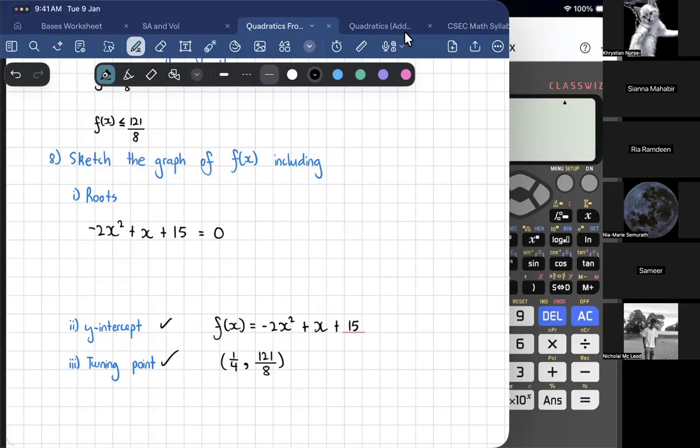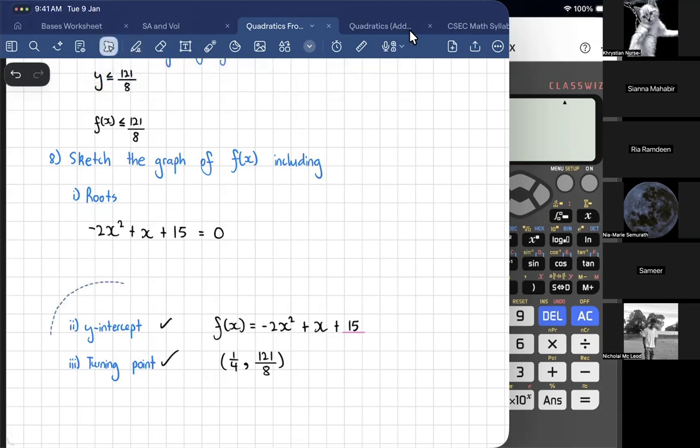Because at the x-intercept, what is the y value? Remind me again. 0. Yes. So anytime they ask you to find your roots, you're going to take a quadratic, put it equal to 0, factorize, then find your linear solutions. So let's proceed.